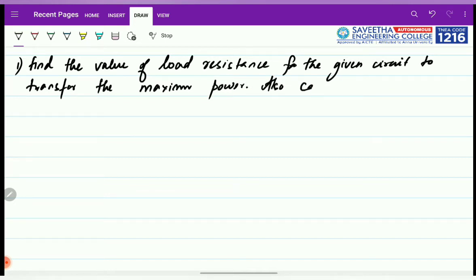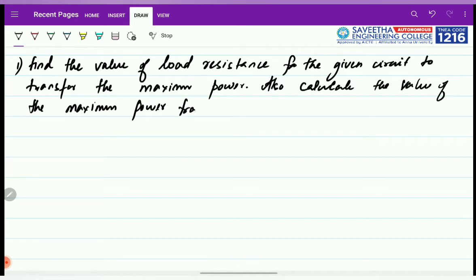Also calculate the value of maximum power transferred. I'll give you the circuit diagram.